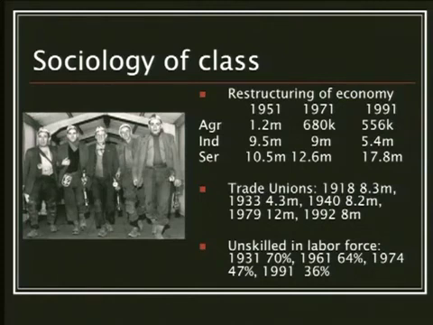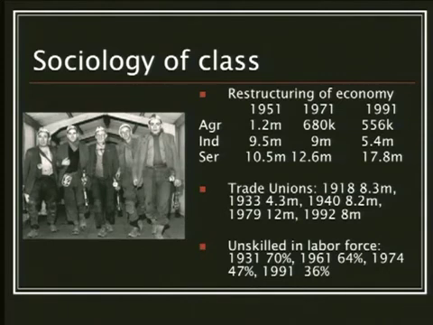And the thing that you need to note from the figures you can see behind me is that in these key groups, there's very little change from really the 1930s or the 1950s through to the 1970s.